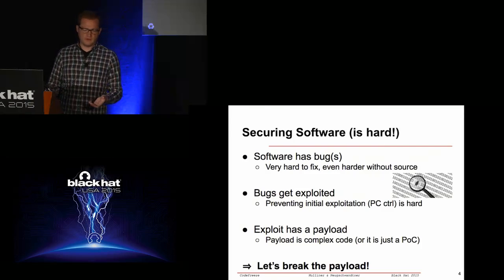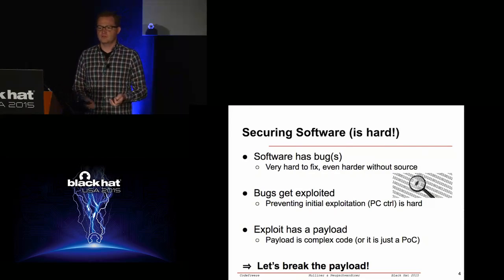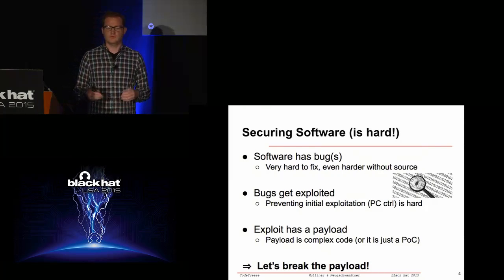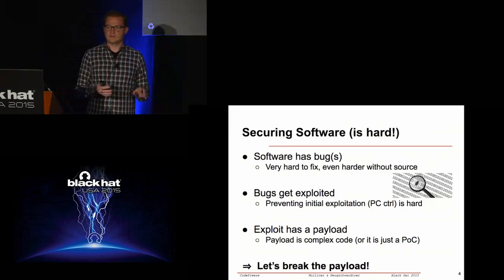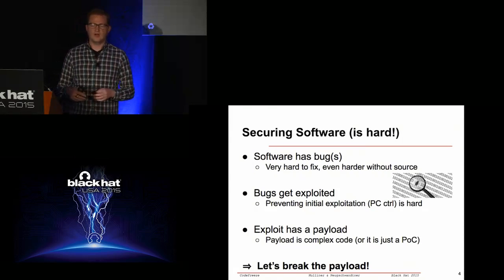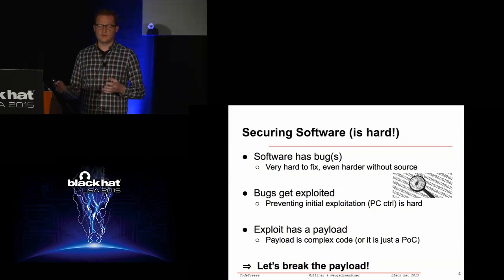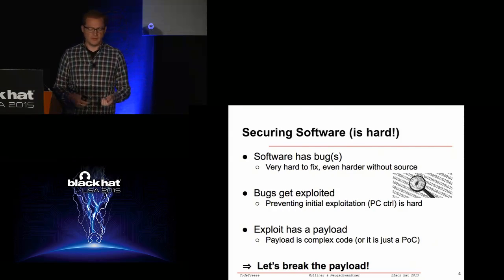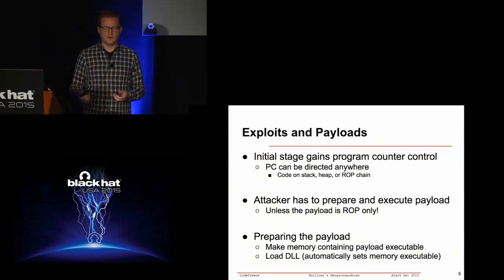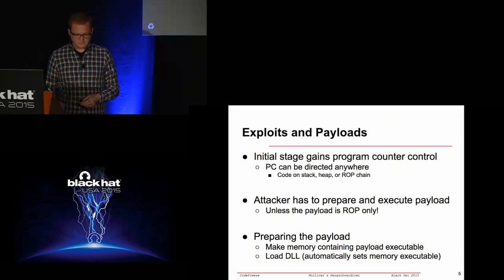If the payload is very simple, then it's maybe just a proof of concept. But if you actually want to do something useful, the payload has to be more complex code. Our idea was, let's not go after all this initial exploitation. Let's go after this more complex payload and make life for attackers way harder by breaking payloads.